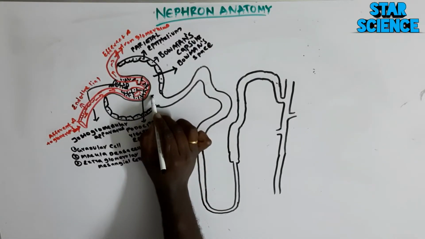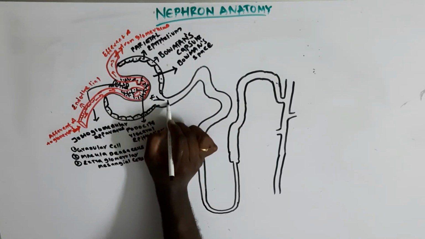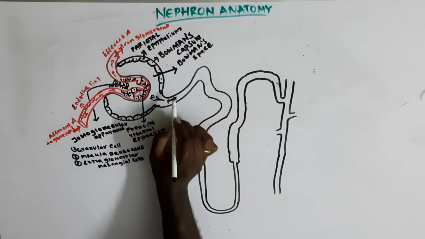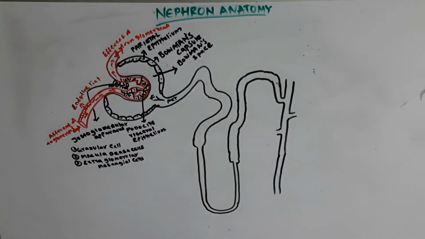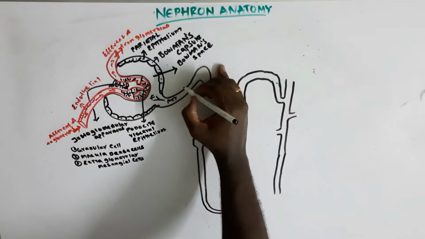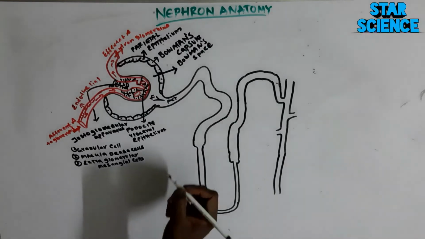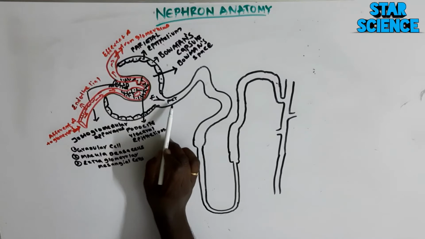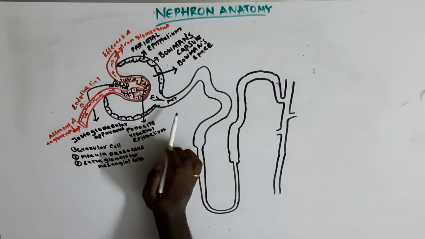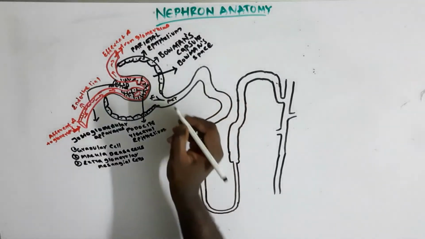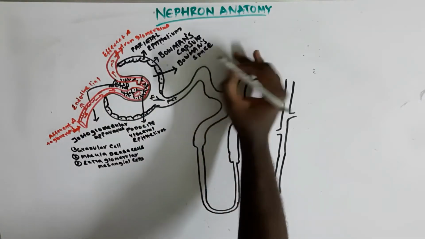From here is the place of Bowman's space, where the blood which entered the glomerulus through the afferent arterioles is filtered, and the filtered content will be sent into the Bowman's space. From there it will pass through the proximal convoluted tubules. So it's very important to know what is filtered from the blood in glomerular filtration.